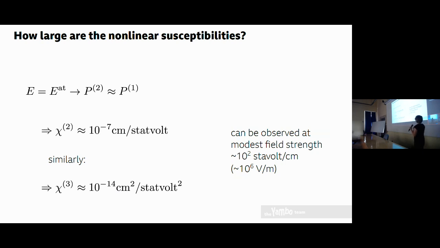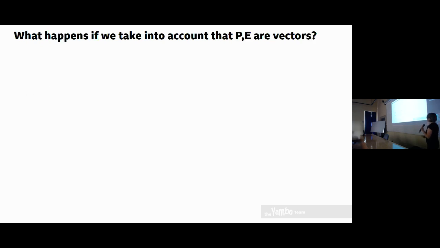So it's something that can be observed quite easily. Now we have seen how we have defined those nonlinear susceptibilities, and also how large they are. But now we have made some assumptions.